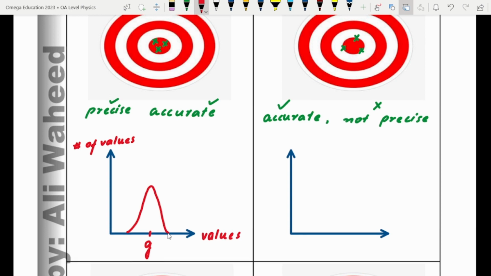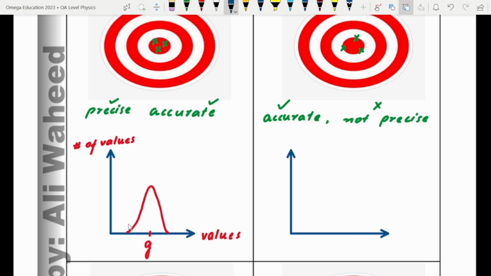Now, what does that mean? This graph represents that most of the values of g that we calculated lie close to the actual value. So that means the measurement is accurate. And at the same time, there's very little deviation between the maximum and the minimum value that we calculated, so there is precision as well.